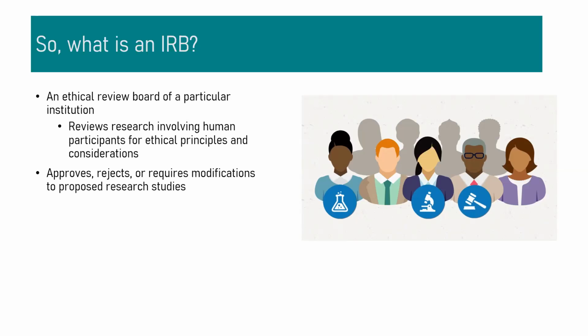They also have their own guidelines outlined by the institution. Each IRB board or application is going to be slightly different per institution, but the core rules are going to remain the same. Ultimately, the committee will either approve, reject, or require modifications for the proposed research studies. And we'll get into that a little bit later.